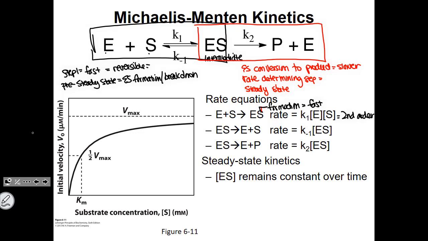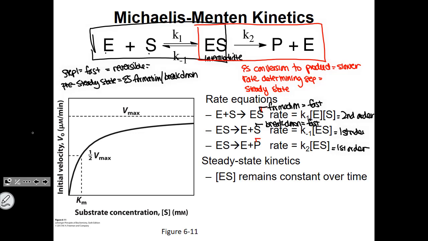The breakdown of ES, again, breakdown is still fast, in terms of K minus 1. And this is actually first order. And then the conversion of ES to product is also first order. And because this is the rate determining step or the slow step, so this is also breakdown, but it's red.